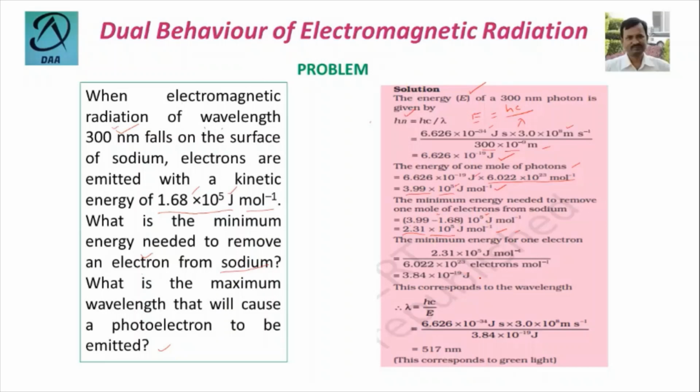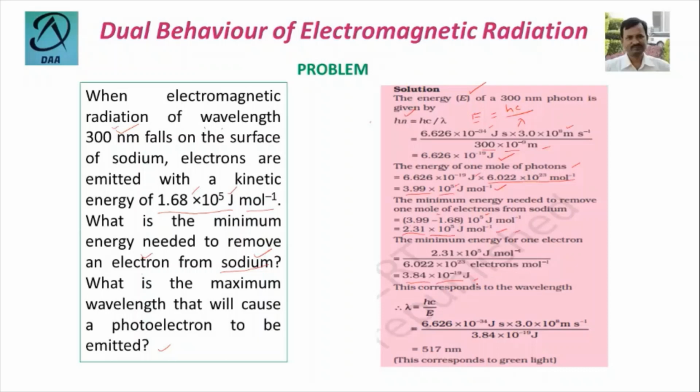So ultimately the value will be 3.84 multiplied by 10 to the power minus 19 joule. And this much minimum energy is required for 1 electron to be removed from sodium.